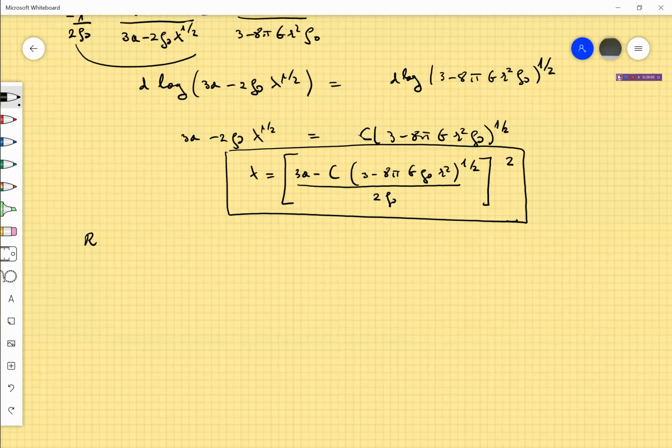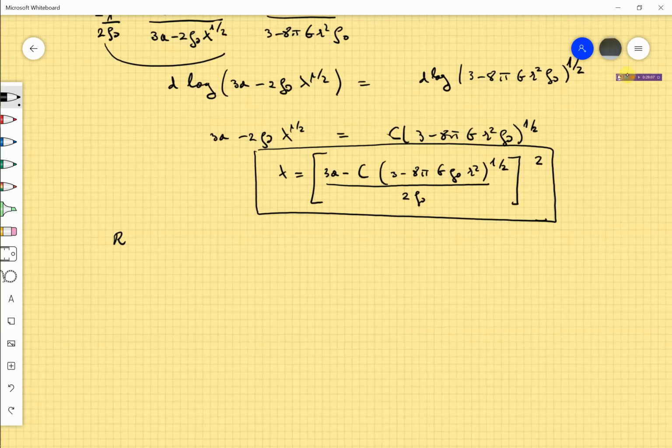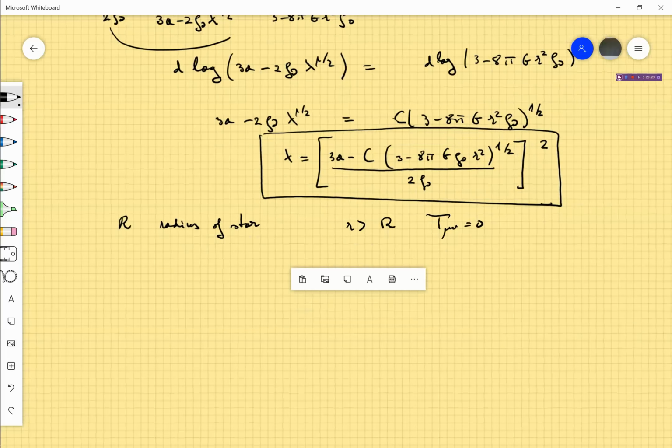This is not the Ricci scalar either, so this is the radius of the star. This means that for r larger than R, mu is 0, so this distribution ends at the value of the radius equal to R.